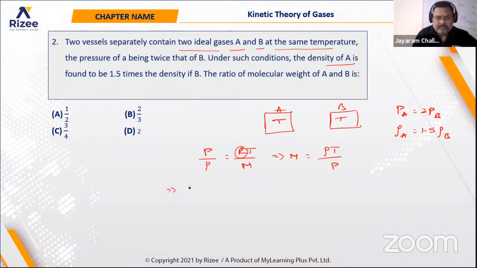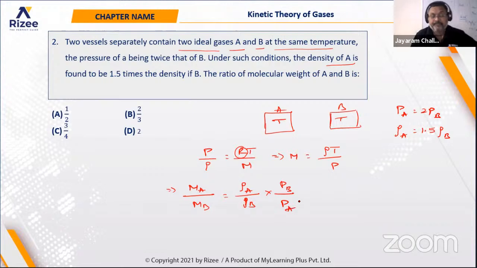So on that basis, the molecular weight of A by the molecular weight of B can be written as the density of A by the density of B. Since temperature is same, I need not write that one. So that is inversely proportional to the pressure, in the sense PB by PA. Now substitute the values. Rho A by rho B is 1.5.